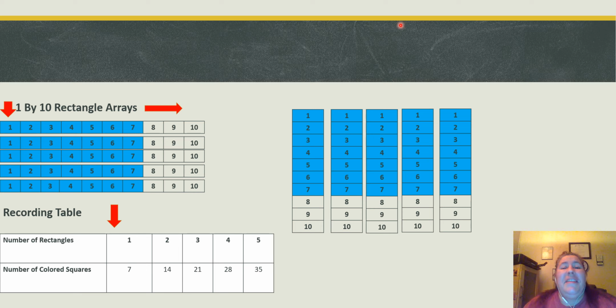In this case, the ratio exists between the number of shaded squares and the number of squares in all. For example, 7 shaded squares to 10 total squares is a ratio. 7 shaded squares to 10 total squares. This is your ratio right here.